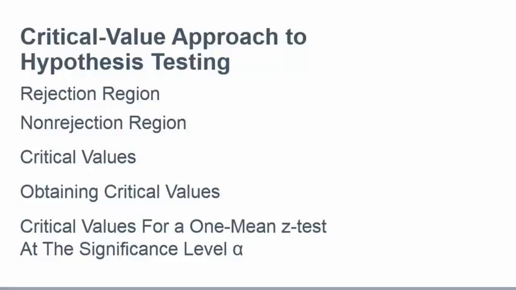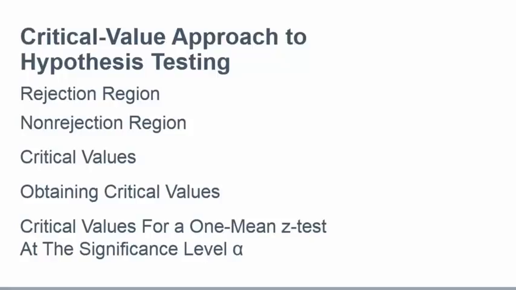Critical value approach to hypothesis testing. Rejection region: the set of values for the test statistic that leads to the rejection of the null hypothesis. Non-rejection region: the set of values for the test statistic that leads to non-rejection of the null hypothesis. Critical values: value or values of the test statistic that separate the rejection and non-rejection regions.